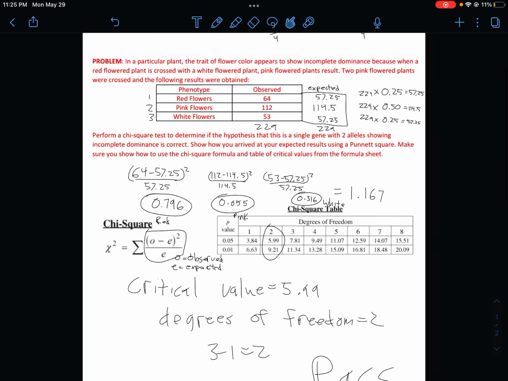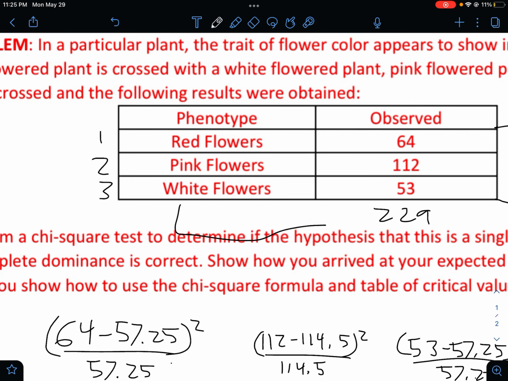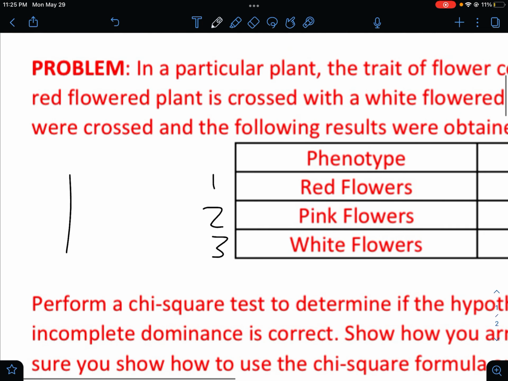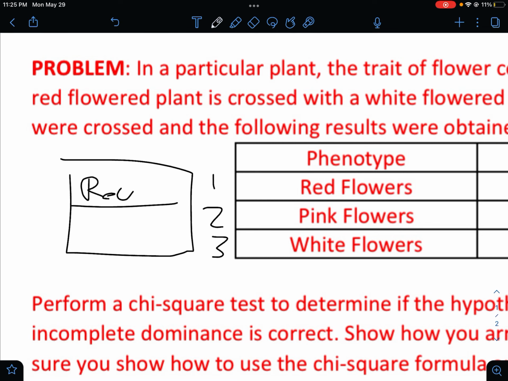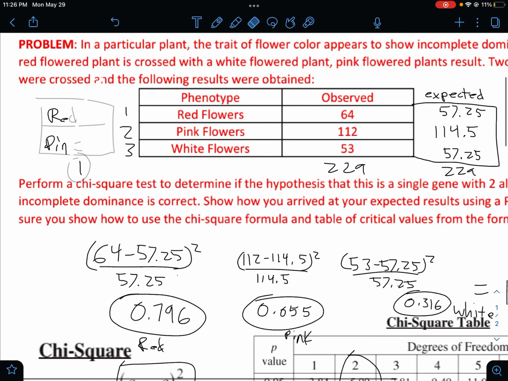Every time you have a chart, let's just say you had a chart with only red and pink. You would do 2 minus 1, and you would only get 1 degree of freedom.